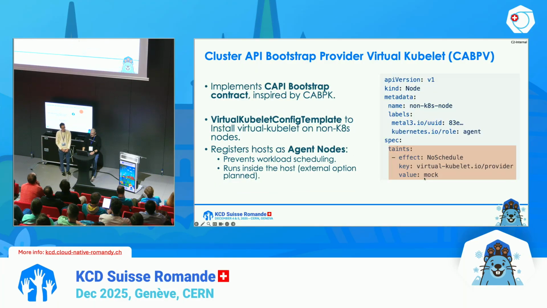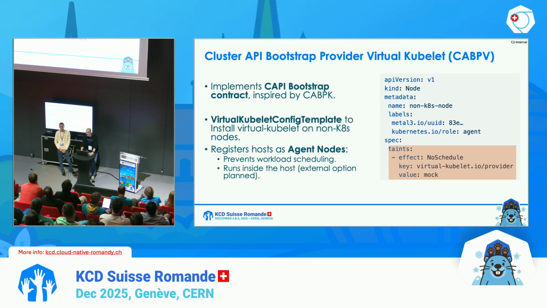From a Kubernetes perspective, these non-Kubernetes nodes are seen as Kubernetes nodes, but they are tagged and configured to ensure that a workload will not be running on our host.